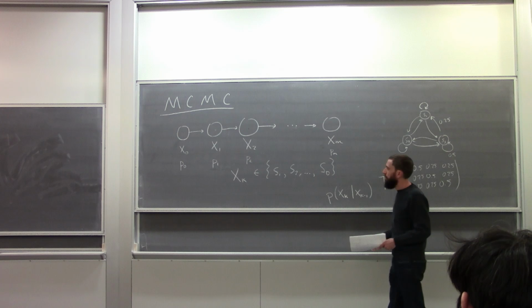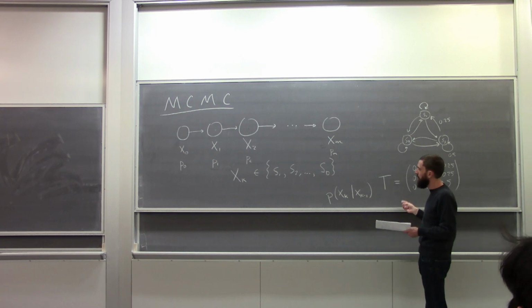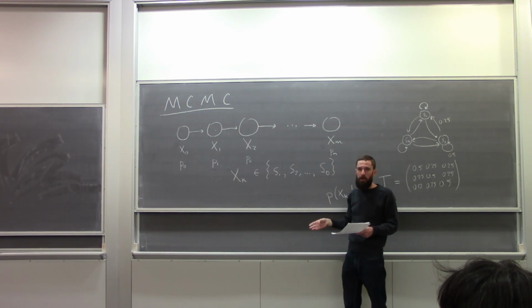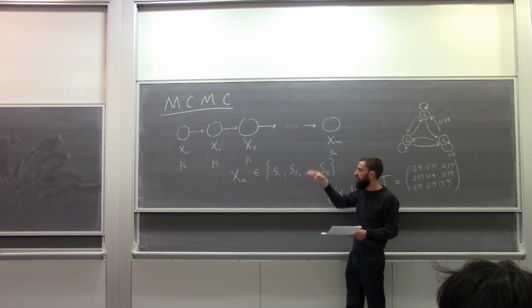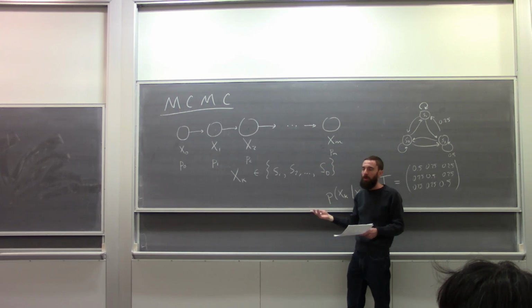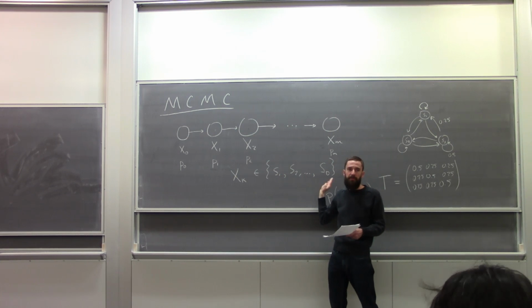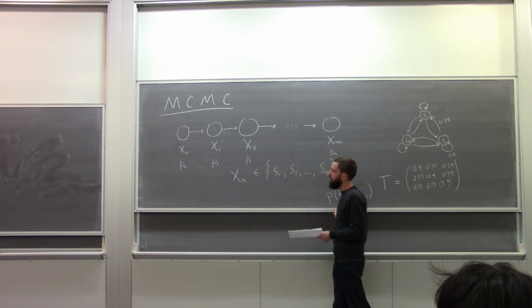These are different probability mass functions. Remember, a probability mass function is really just a d-dimensional vector with entries greater than or equal to 0 that sums up to 1. Each entry is the probability of one of these states, so it's a probability vector.